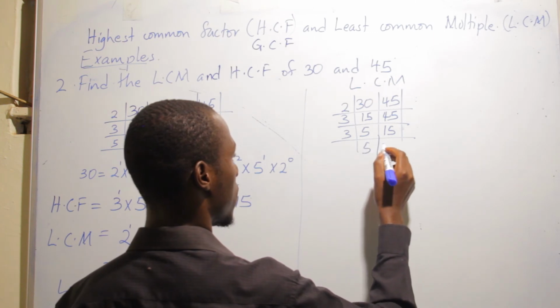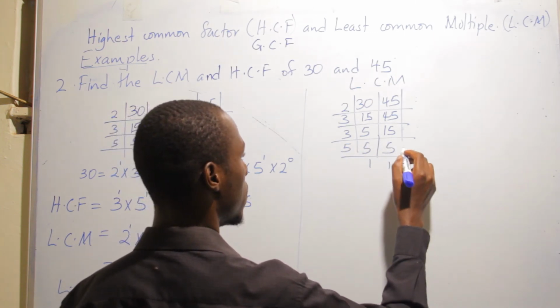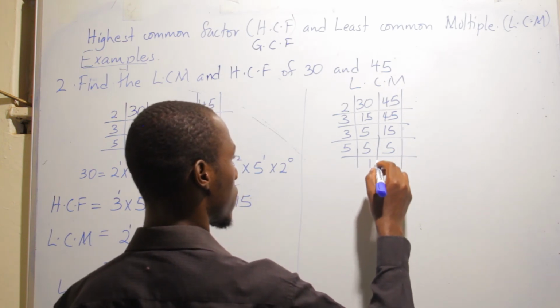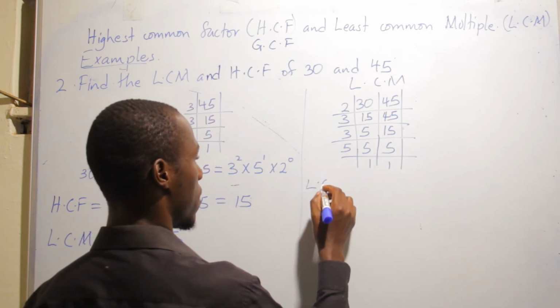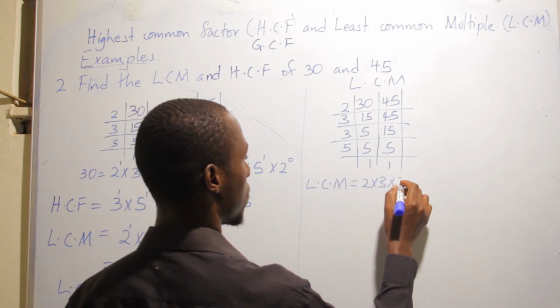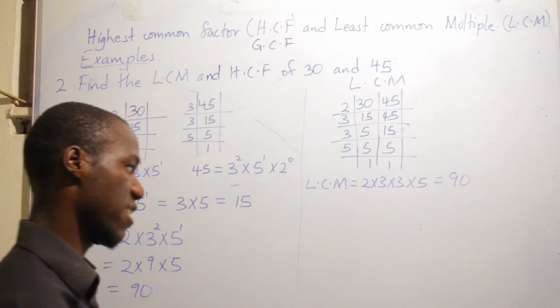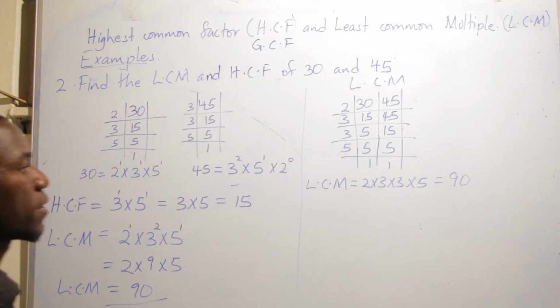So I keep the 5 there. Then 5 divides to get 1, 1. Then I have my LCM as 2 times 3 times 3 times 5 to get 90.